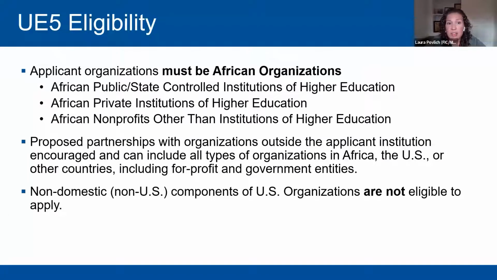Partners in applications can come from any type of organization. So the partnerships can be with organizations in Africa, the US, or other countries, including for-profit and government entities. And for this particular opportunity, non-domestic, or what we would say non-US, components of US organizations are not eligible to apply.